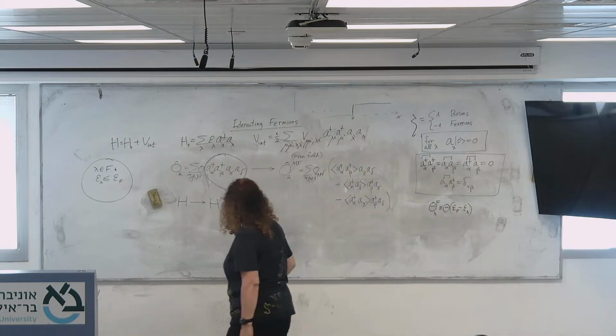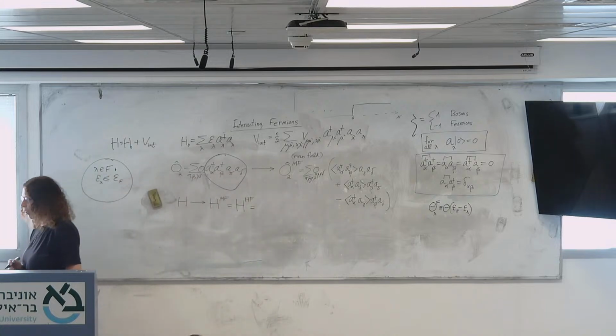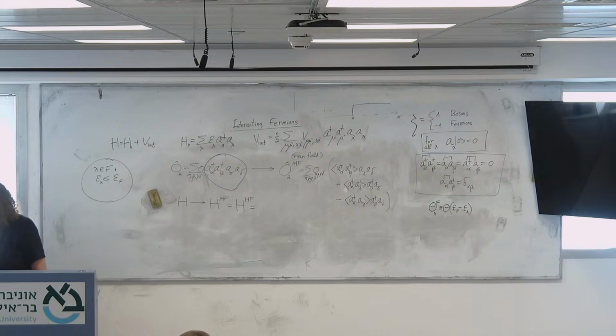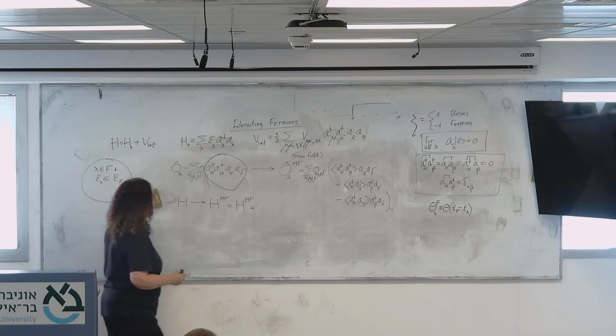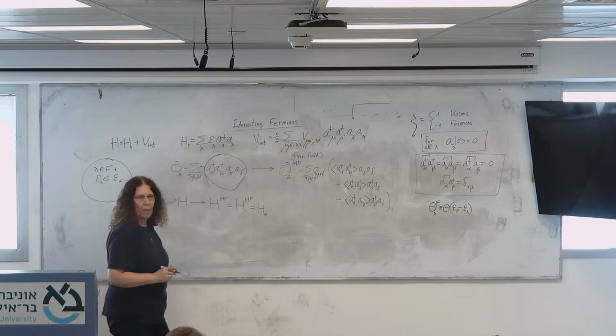Okay, so what is the Hartree-Fock Hamiltonian? Let me write it in the general form. It's going to be, of course, H0 remains the same. We didn't touch it.